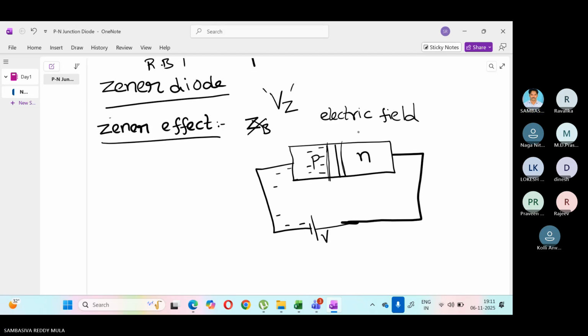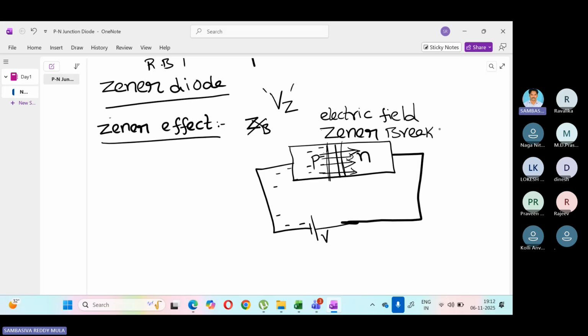The electric field is sufficient to energize these electrons so that the electrons will pass through the junction, so that the junction will be broken at a high electric field. So electrons will freely flow from the negative terminal through the Zener diode. So it causes Zener breakdown. This is called Zener breakdown.